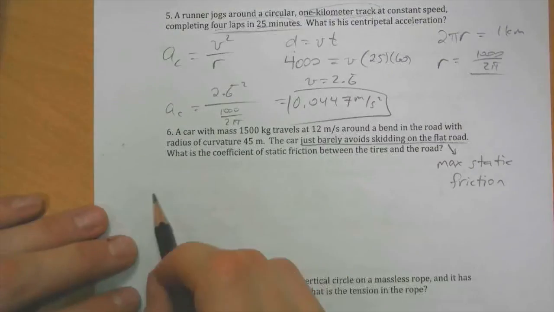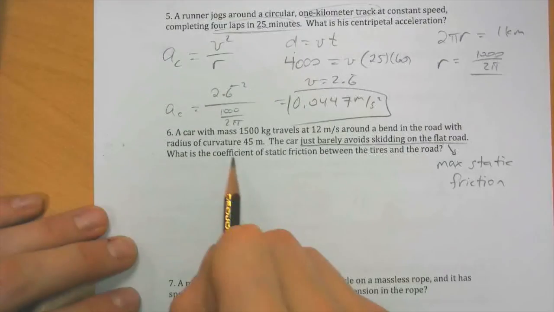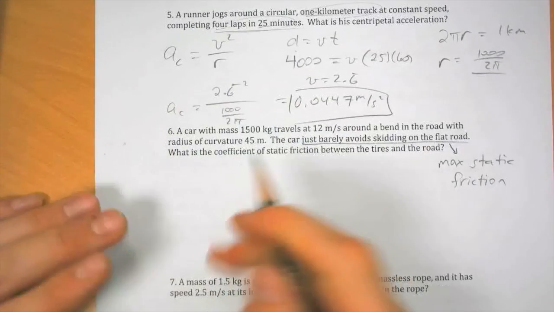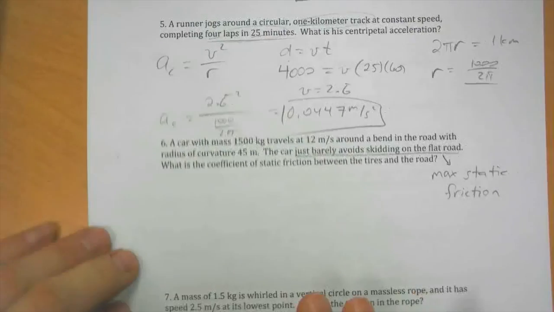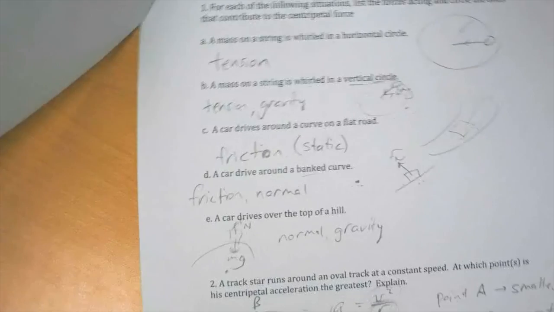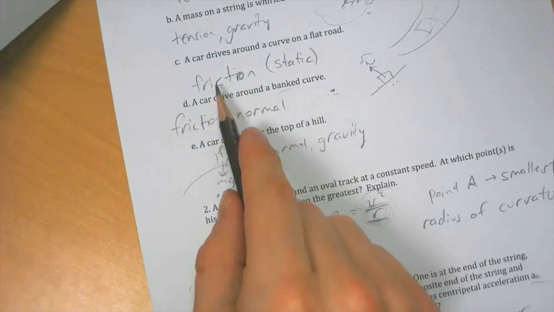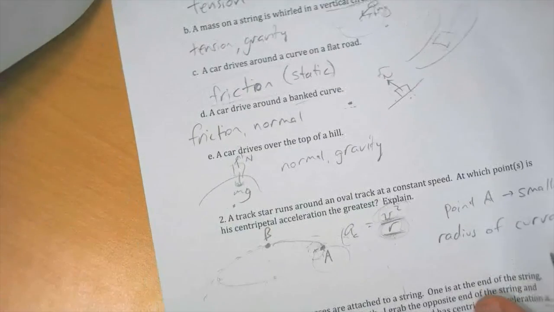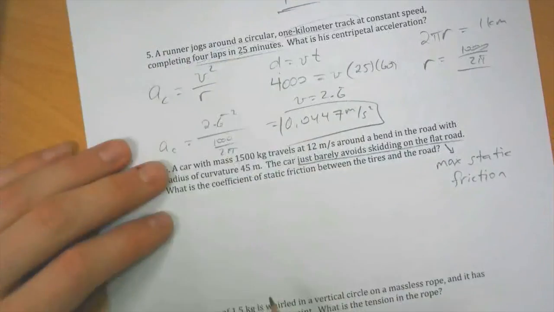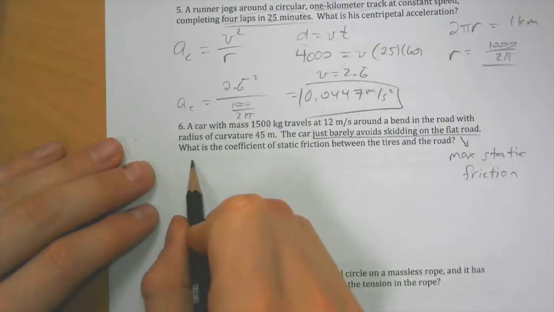Now, I didn't state this. I should have stated that the road is flat. Now, if the road is flat, looking back, we talked about this, the only thing that's contributing to the centripetal acceleration is static friction. So we can write Newton's second law.